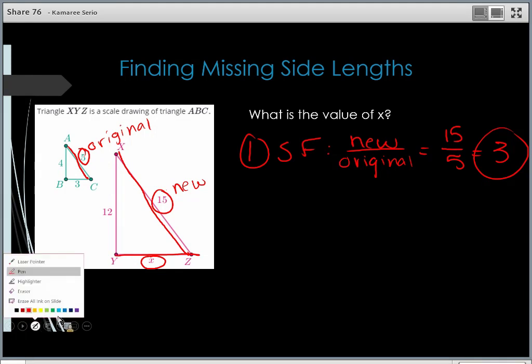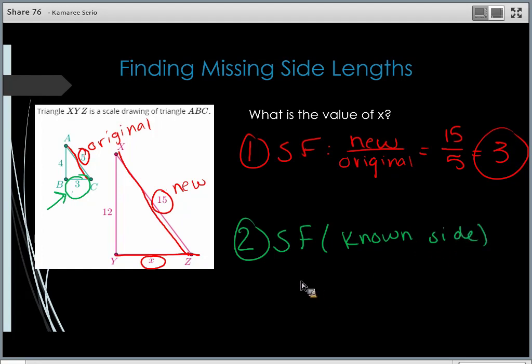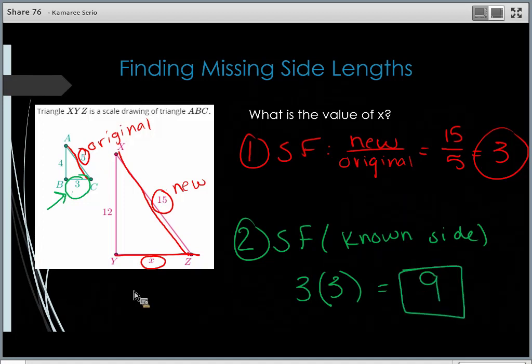The next thing I want to do is double check that I'm plugging it in. So you want to take your scale factor and multiply it by your known side. So that would be 3 times this 3 over here, which will give you 9. So that means that x right there is 9.